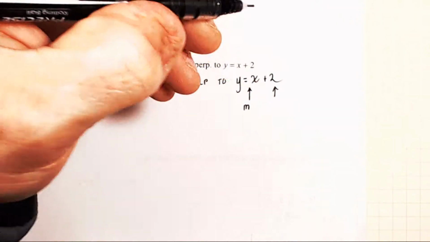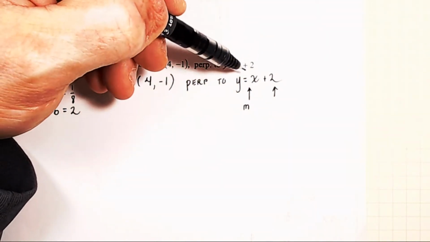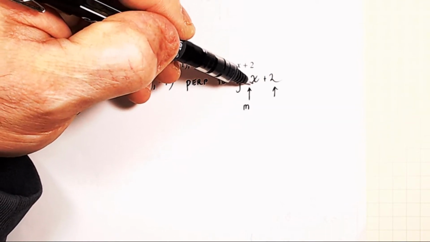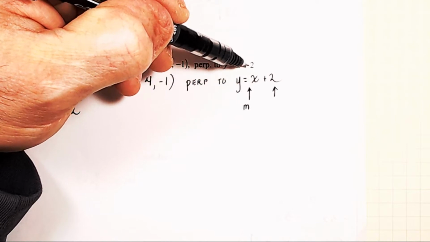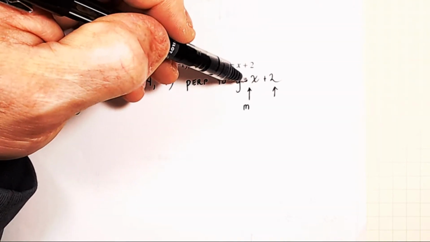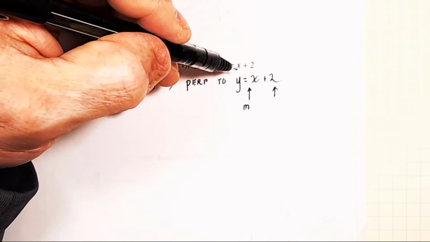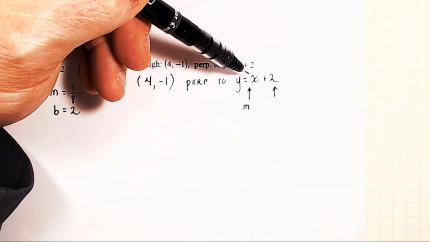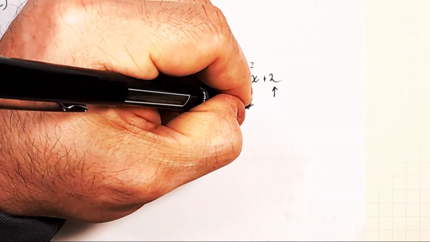M is the slope, and this problem is good because it doesn't have a coefficient. That's the number in front of the variable. It doesn't have a coefficient for the slope that's actually printed on the page, but there actually is a coefficient for the slope hidden there invisibly, and that coefficient is 1.